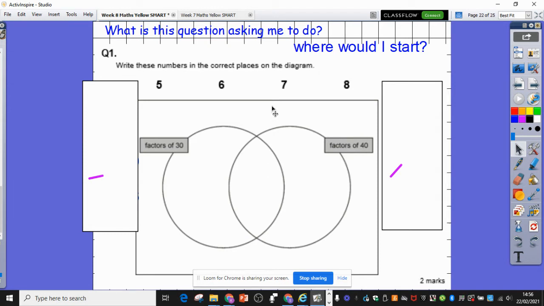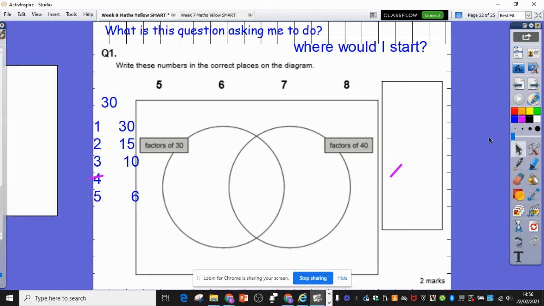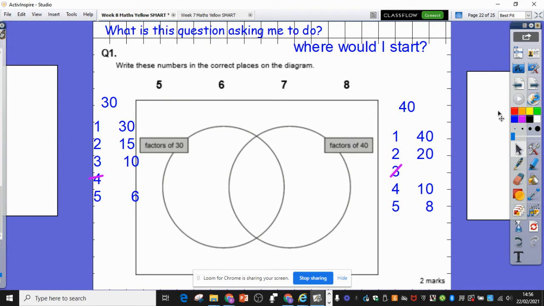With this sort of question, you start as you always would by listing your factor pairs for both of these numbers. So I've done that already. By now you should know how to work systematically. I start with my number at the top, so I'm trying to find 30, and then I'm looking for what numbers we can multiply together to get to the starting number 30.